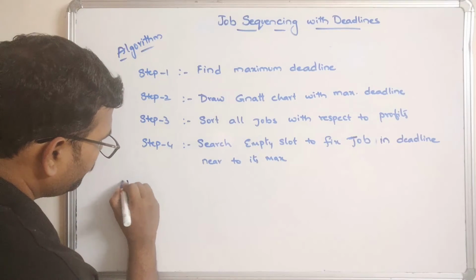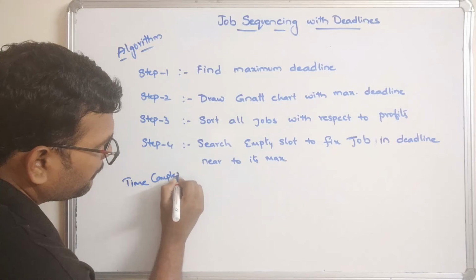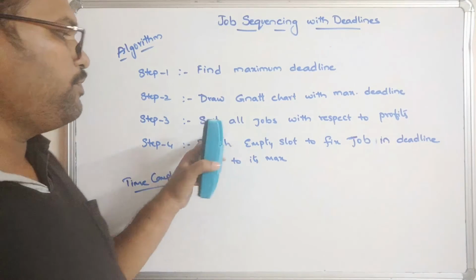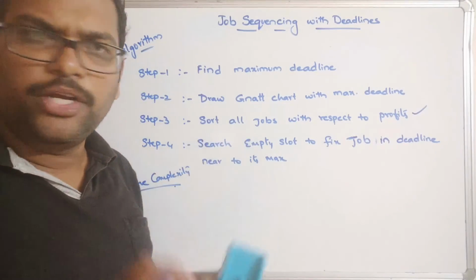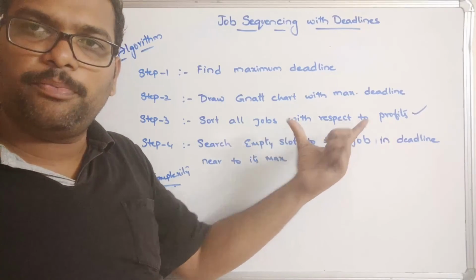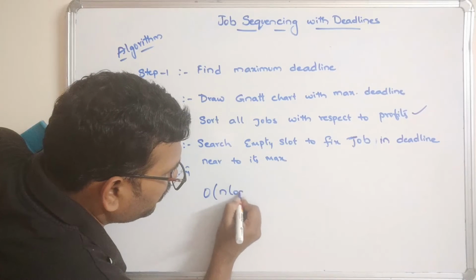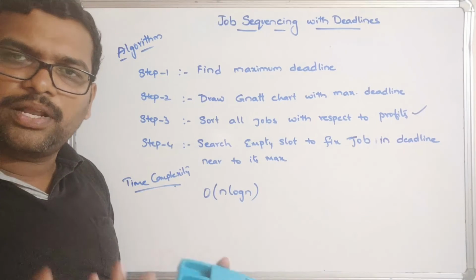So here the time complexity for this one, so first we are going to sort this one. Okay, only 2 steps. So sorting all the jobs with respect to the profits, which will give the order of n log n. So we can apply any sorting mechanism, quick sort or bubble sort, anything.